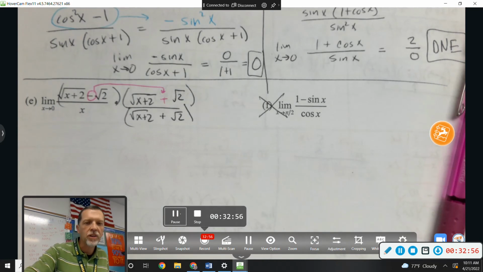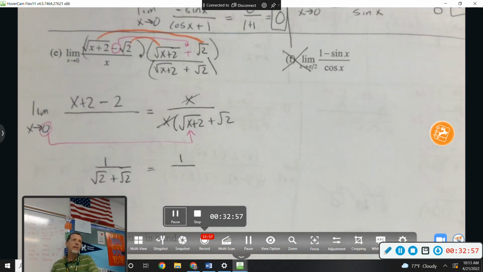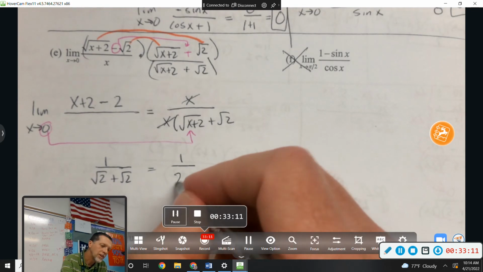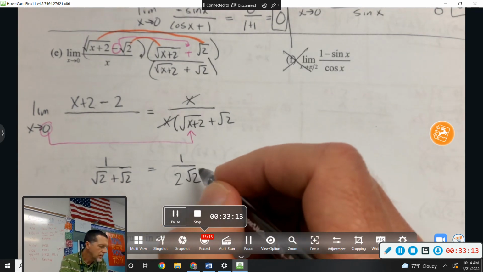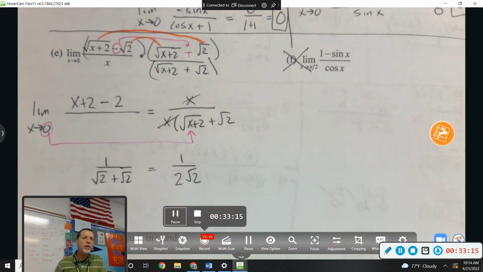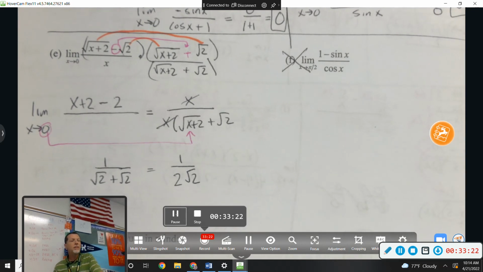So, do we know what the square root of 2 plus the square root of 2 is? It is 2 square roots of 2. And since we have kind of switched into calculus mode, in calculus you get to leave answers with square roots on the bottom.